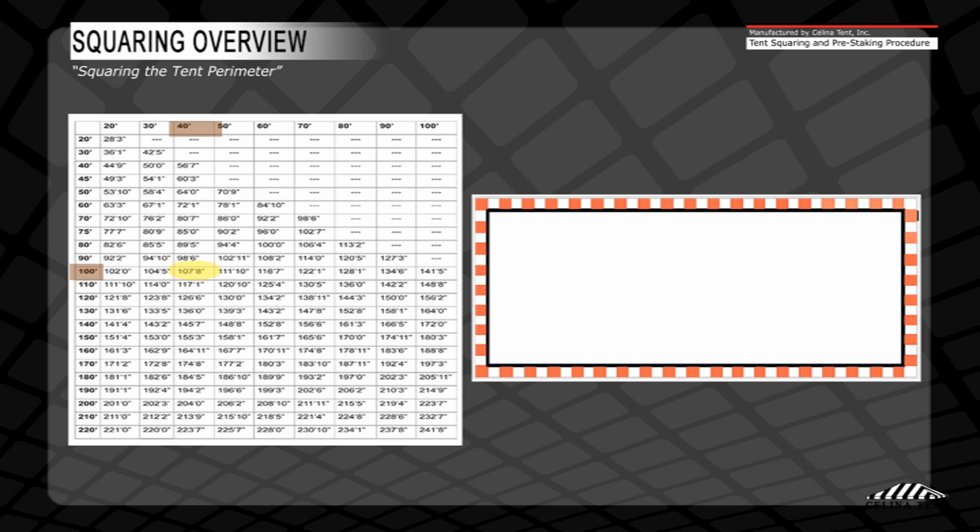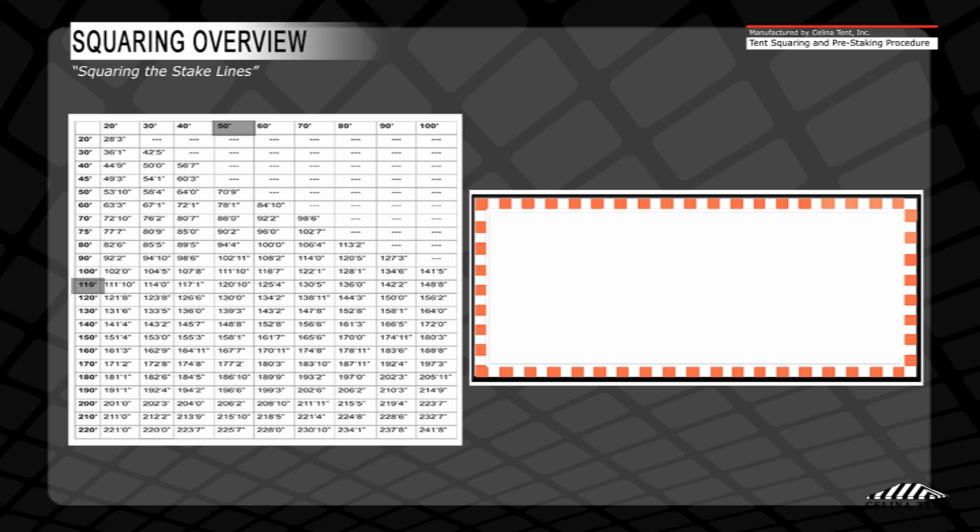Again, if the perimeter of the tent was being squared, the dimension would be 40 feet by 100 feet. In this video, the stake lines will be squared. With the 5-foot stake line, the measurement of the tent will be 50 feet by 110 feet, with a diagonal dimension of 120 feet and 10 inches.